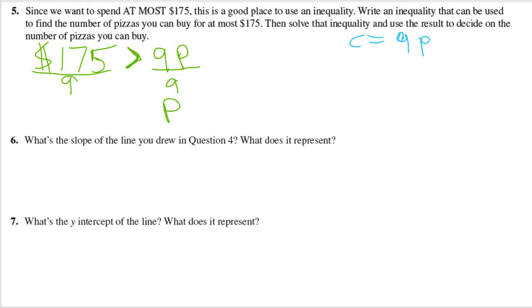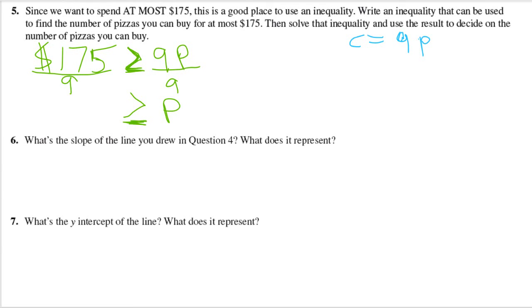We can now say p has to be less than, I'm going to change that to less than or equal to, because 9p could equal 175. We know from what we've done that it doesn't, but theoretically, if it did, we'd be okay.